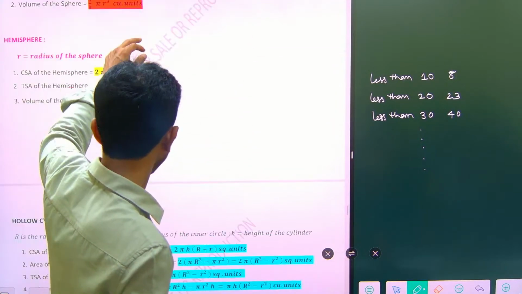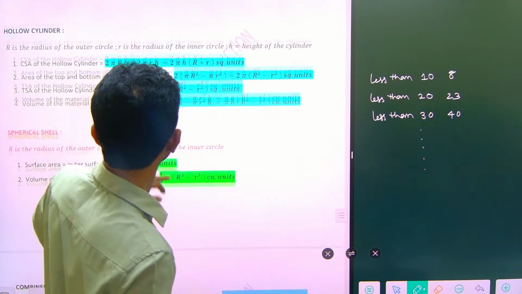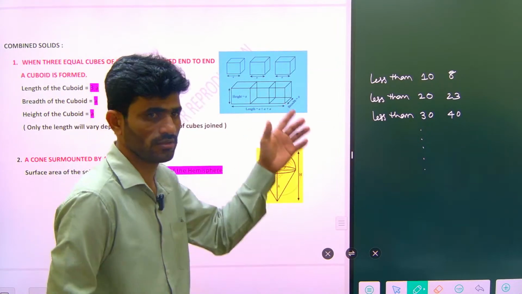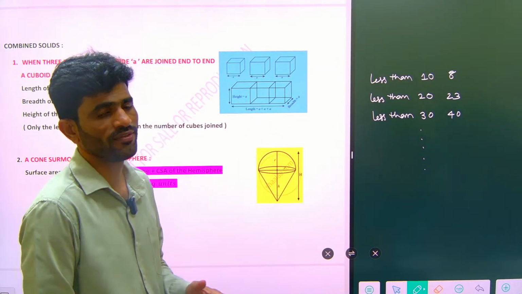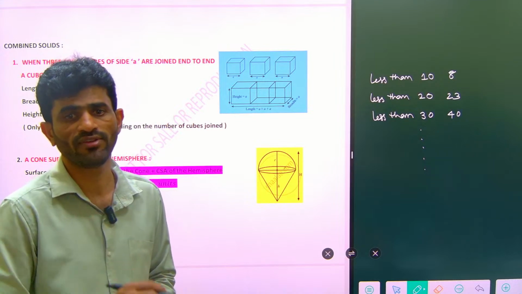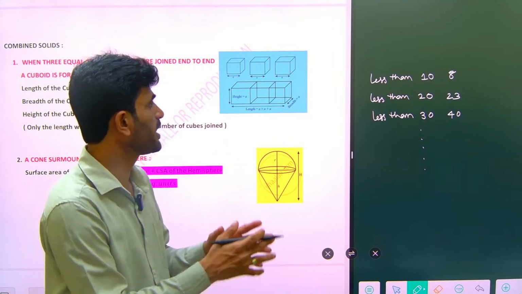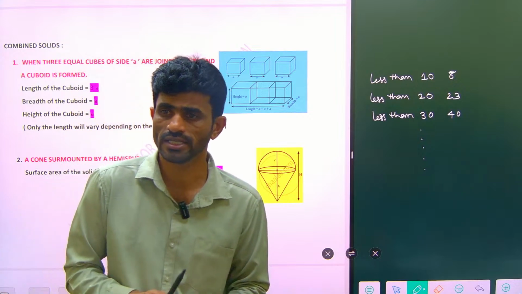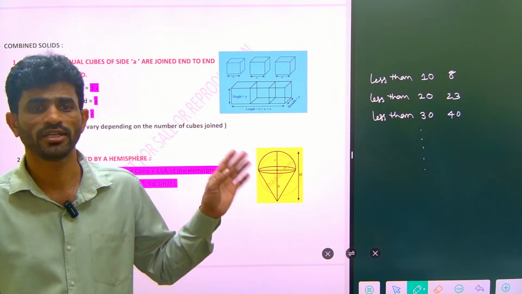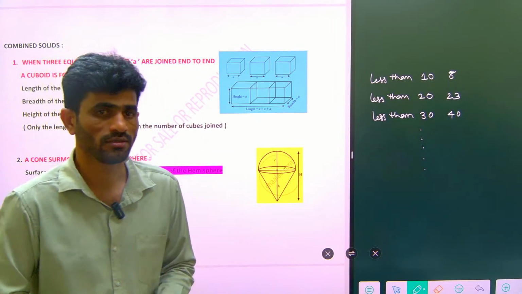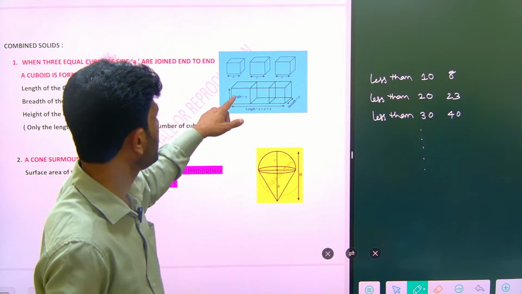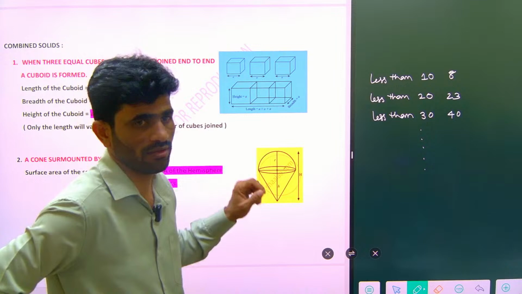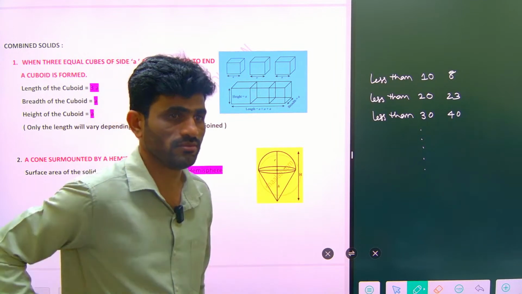Now let us see combinations. Like this, if three cubes are attached, what happens? One cuboid will form. Do you know all of you cuboid LSA, TSA, volume? The same formula we have to follow here also. But what happened here? If a is the side, a plus a plus a, length will be 3 times.